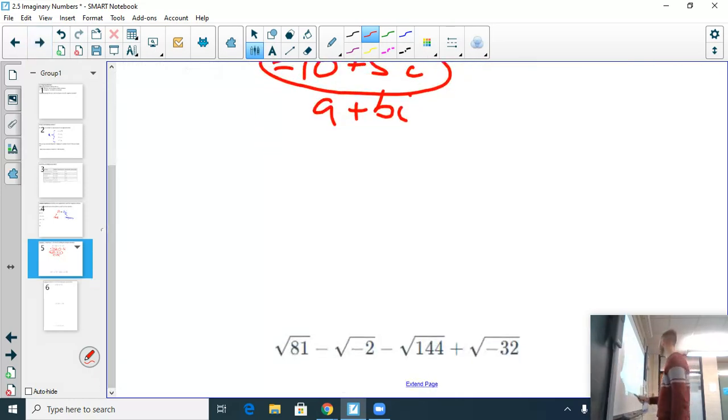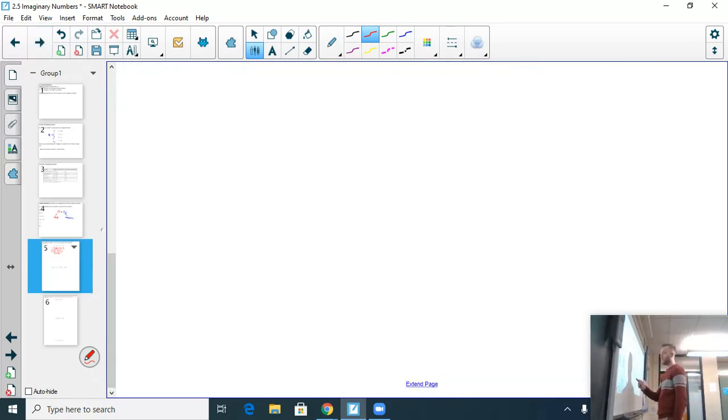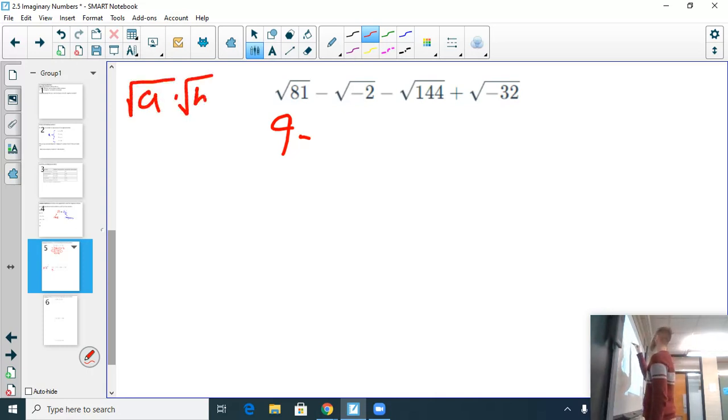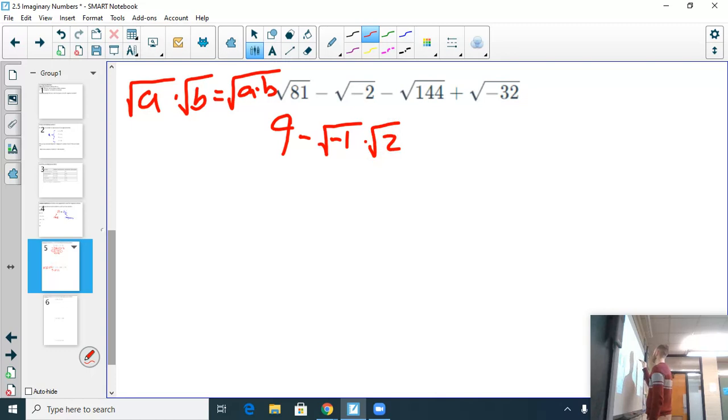Now down here, we need to do some simplifying. We know the square root of 81. That's nice. Minus the square root of -2. If we remember our other rule, A times the square root of B, we can combine them, or we can go the other way and split them up. I'm going to split this up. This is the square root of -1 times the square root of 2, minus the square root of 144, which is 12.